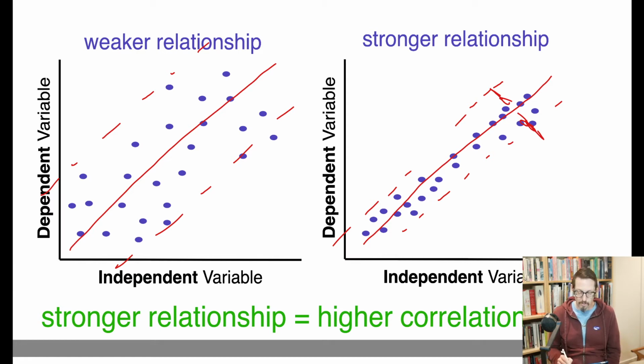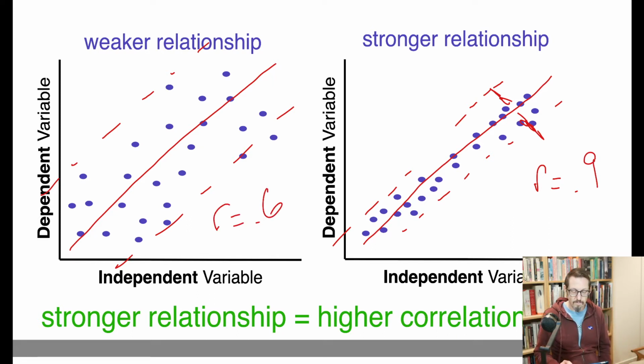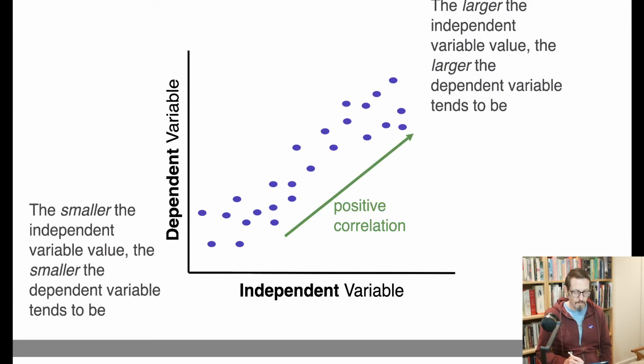So in this case, the R value might be something like 0.9, and in this case, it might be something like, say, 0.6. So how does this work? Well, if, as I mentioned there, the R value on this is something like, say, 0.8, that's a positive 0.8.